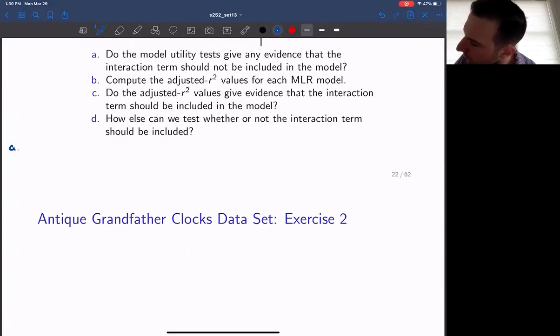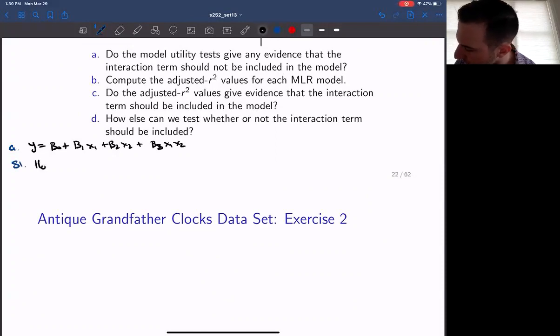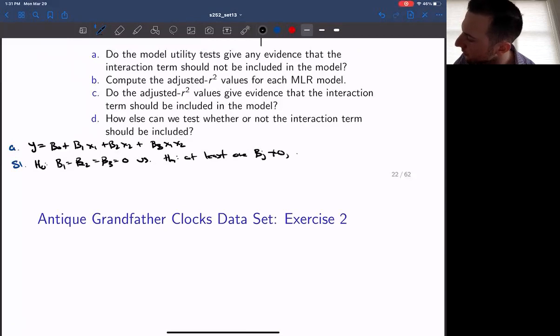Okay, so here in part A, if we were to condense this a bit, we can just write it out. If we consider the model with interaction, we have step 1: H0: beta 1 equals beta 2 equals beta 3 equals 0 versus HA: at least 1 beta j not equal to 0, j equals 1 to 3.